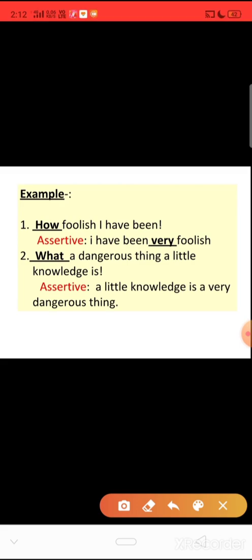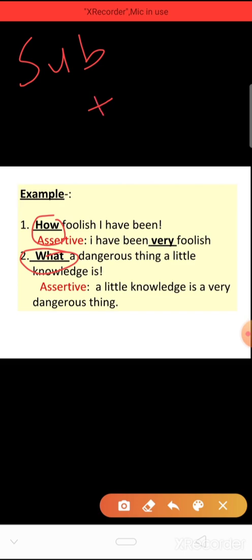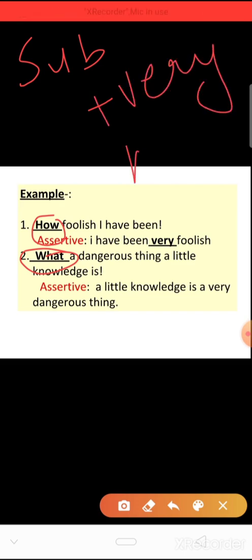Let me explain again. In rule number 1 it is said that instead of how and what, we have to first write the subject. After the subject, when we write the helping verb, we will add very in front of the adjective, and then the sentence will change into an assertive sentence, that is giving us information.